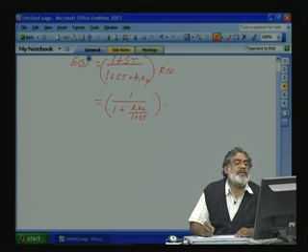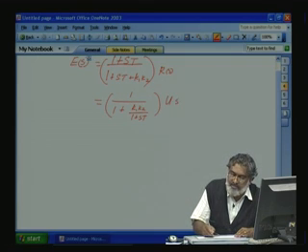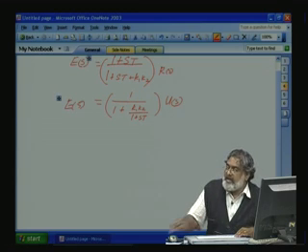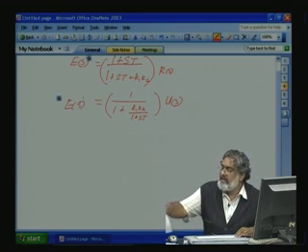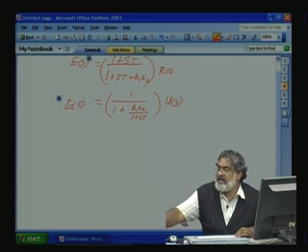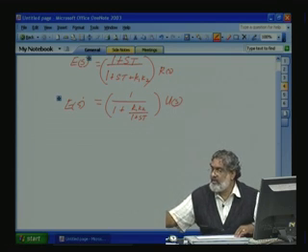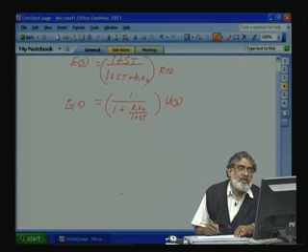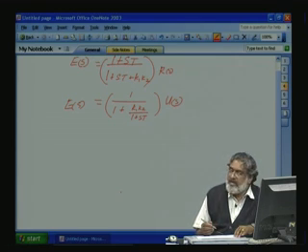Suppose R(s) is a unit step input. This is E(s). Now, we know that the steady state error should be 0 if you have chosen the right controller. Here we are using a proportional controller, and let us see whether the steady state error is equal to 0.